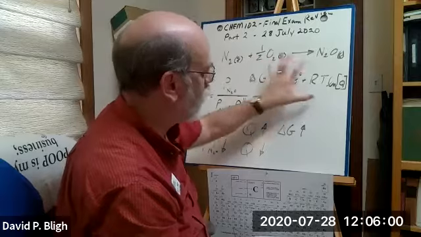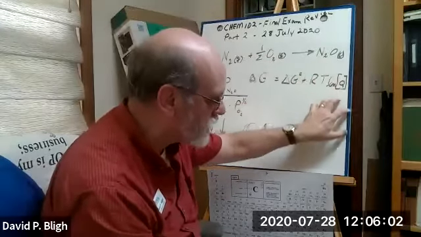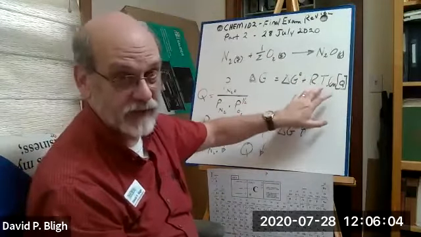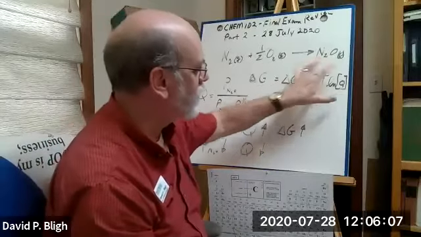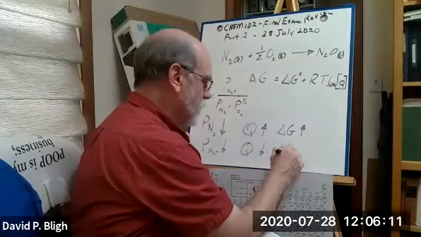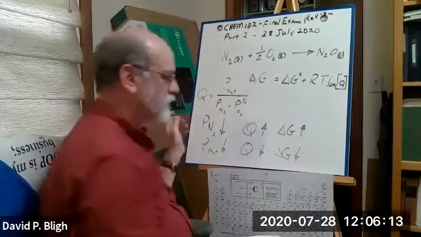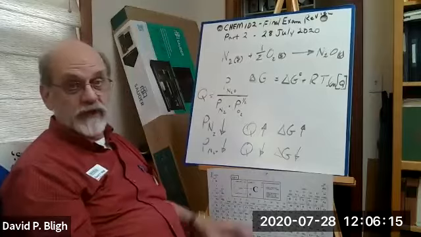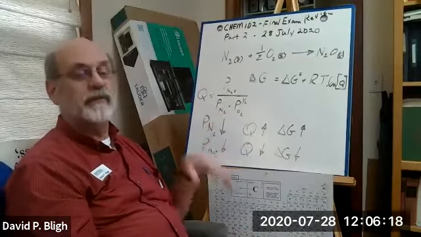That makes the overall value smaller. Doesn't have to subtract, but the expression itself makes the whole term smaller. So delta G now is going to get smaller. So if it was spontaneous before, it'll be more spontaneous now.